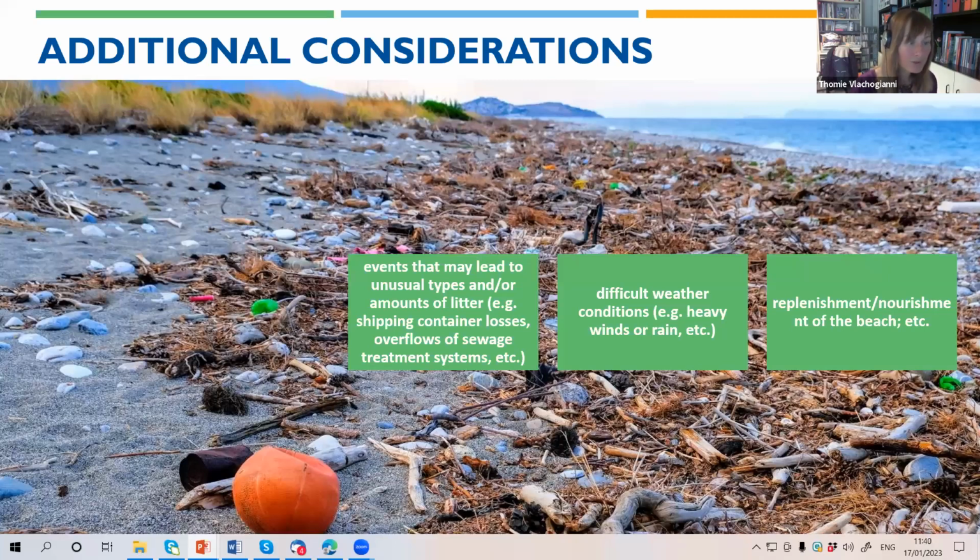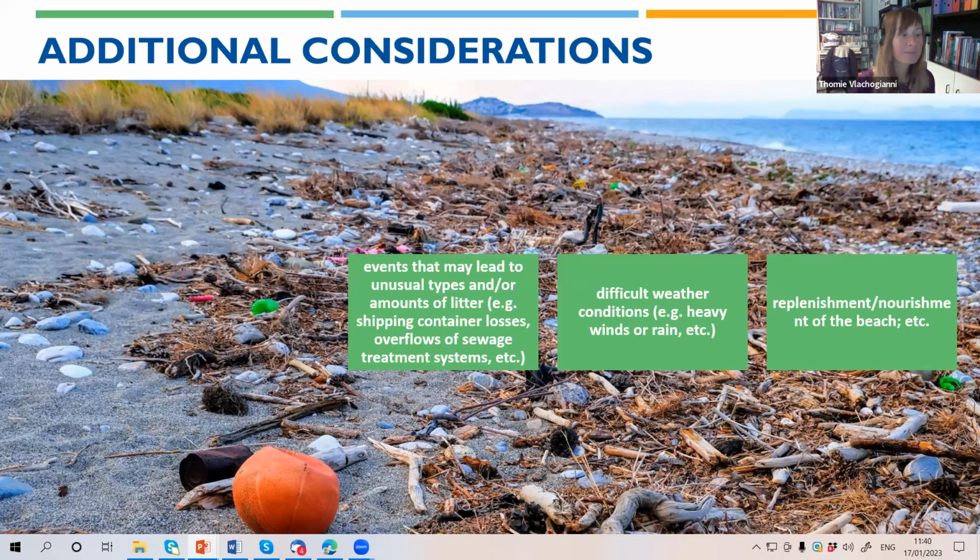Some additional considerations are the following. First of all, here is a beach that normally is super clean. But in one of my visits, I experienced this kind of situation.